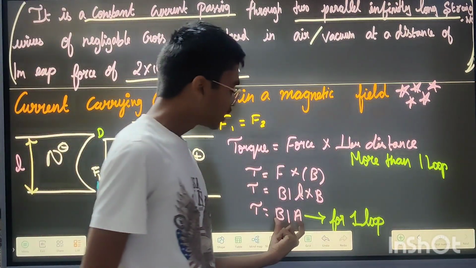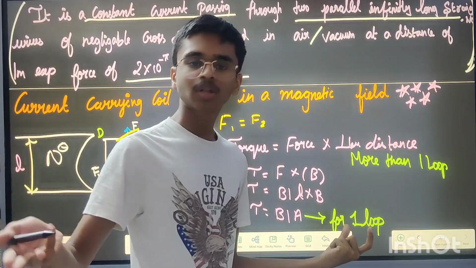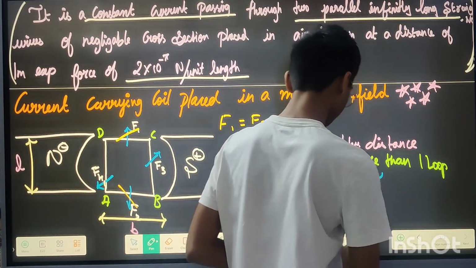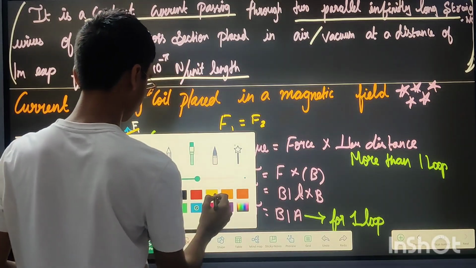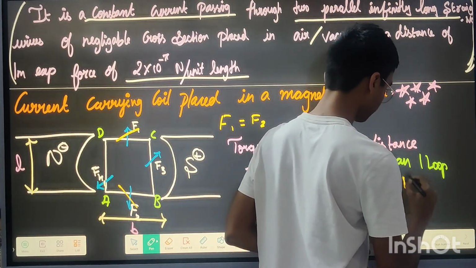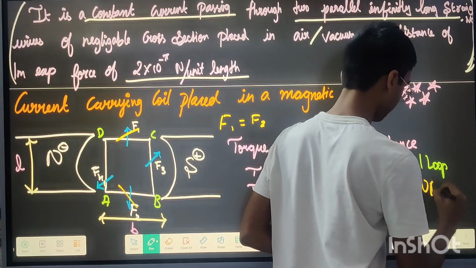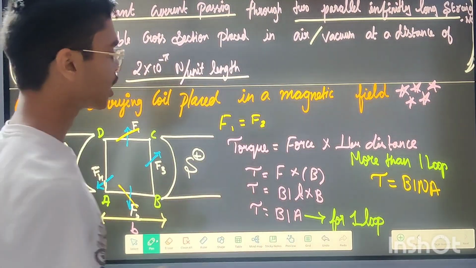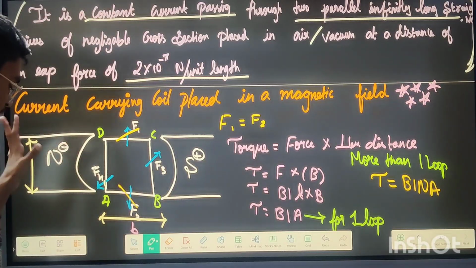You have to multiply by the number of loops, so we will take the number of loops as n. So torque is equal to BINA, which is known as BNA. So torque is equal to BNA.